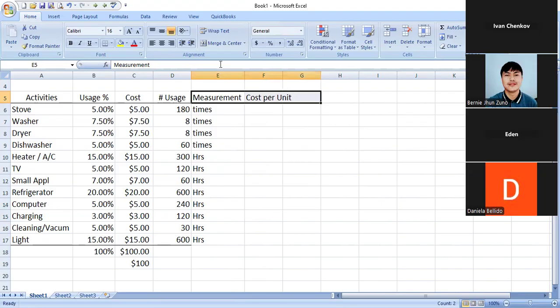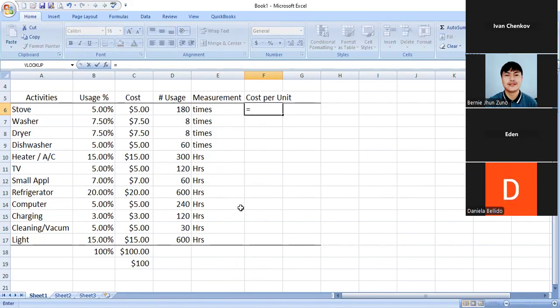Well, if we have the total cost and we have the number of times that we're using it, we can easily come up with the cost for the stove. How are we going to calculate this? Cost divided by usage. So every time you use the stove, it's going to cost you 3 cents.